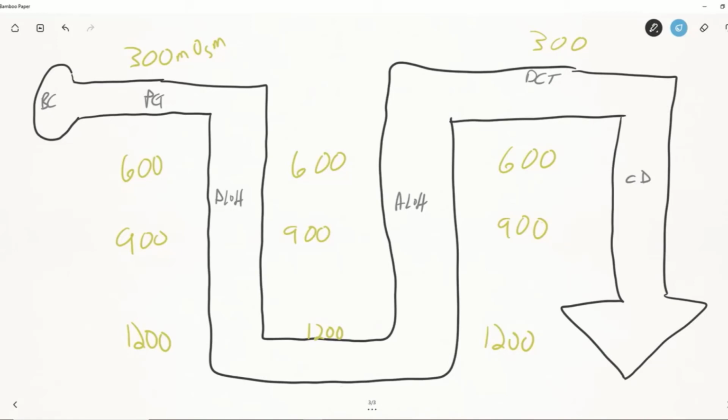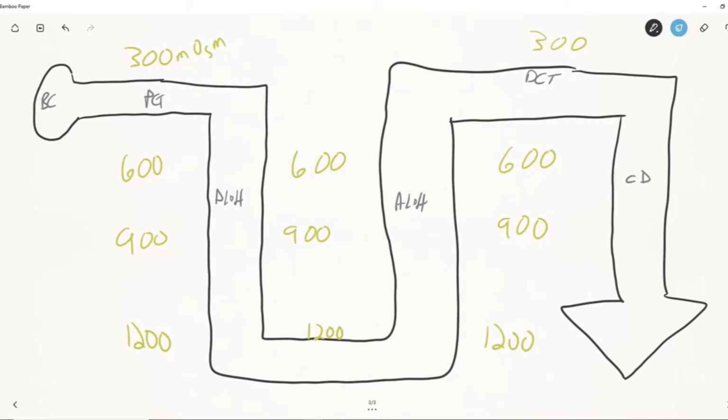Now, what we're going to do as we draw this out together, we're going to look at what's happening at each step in each location along the nephron. And we're going to look at the effects of water reabsorption and solute reabsorption, and what does it do to the osmolarity of the filtrate.